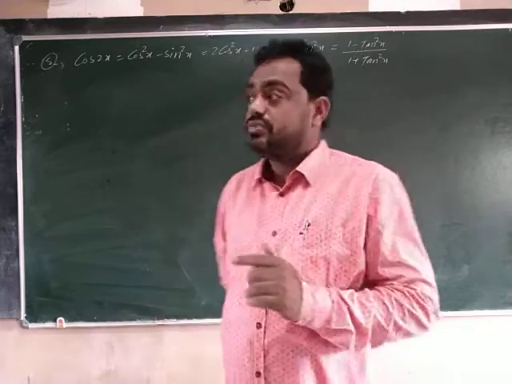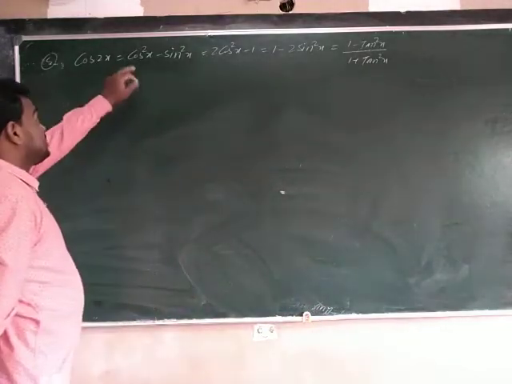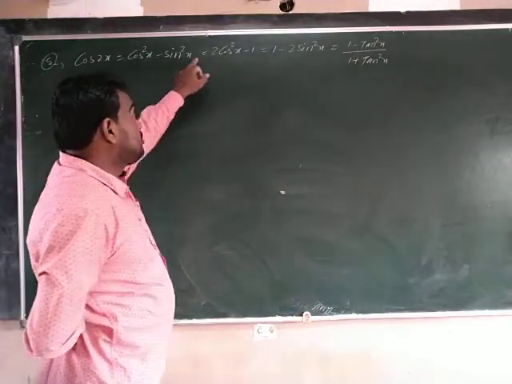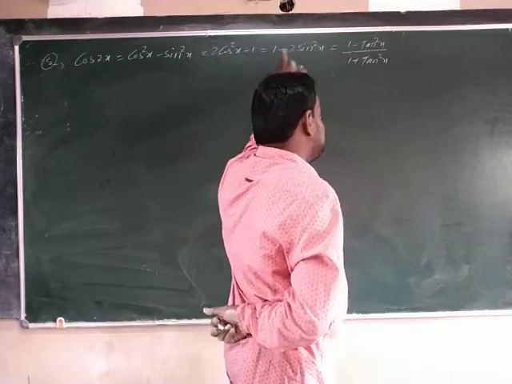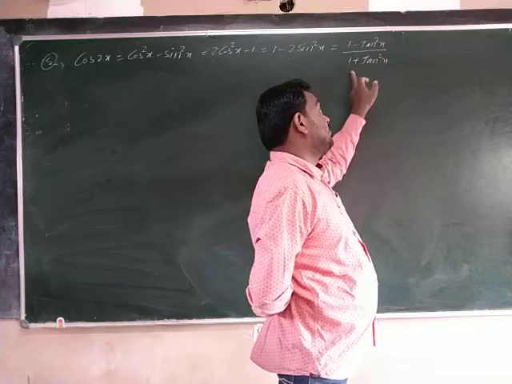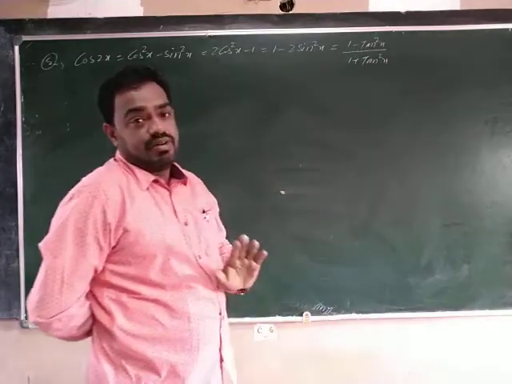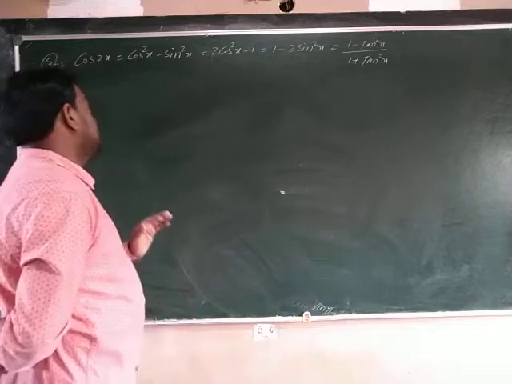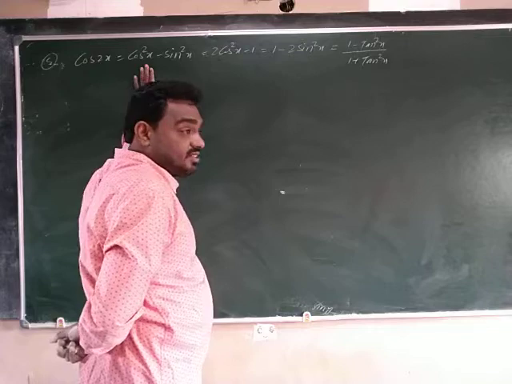Okay? Now you see the fifth one. Cos 2x is equal to cos square x minus sin square x, equal to 2 cos square x minus 1, equal to 1 minus 2 sin square x, equal to (1 minus tan square x) by (1 plus tan square x). You see how they ask in the examination: prove that cos 2x is equal to cos square x minus sin square x.